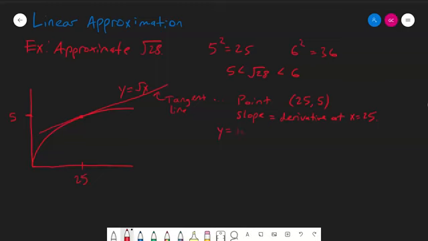Well, if y is equal to the square root of x, or in other words, x to the 1/2, then the derivative is 1/2 x to the negative 1/2, which you can write nicely as 1 over 2 root x. And so if I plug in x equals 25, I get 1 over 2 times the square root of 25, and that's just 1/10. So that's my slope.